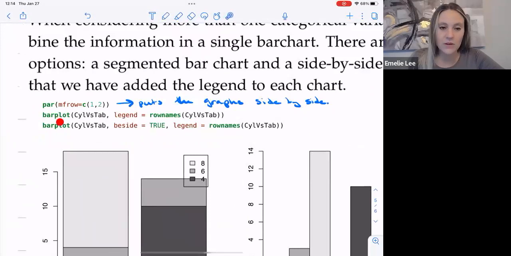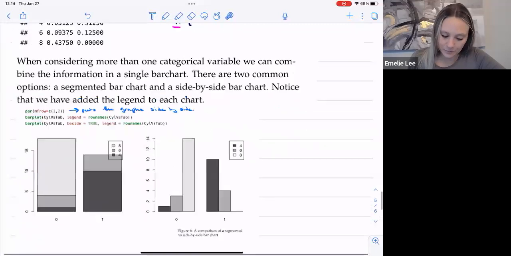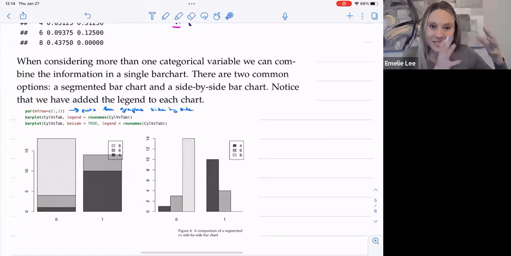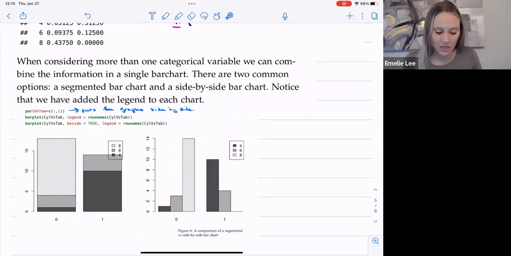But what we're doing is we have the barplot command. The two options that we have are a segmented bar chart, which is this one here, or a side-by-side bar chart. A side-by-side bar chart puts each of the bars side by side, as opposed to this side by side, which means two graphs side by side. So it's a little bit different.